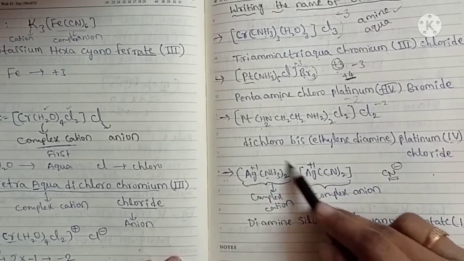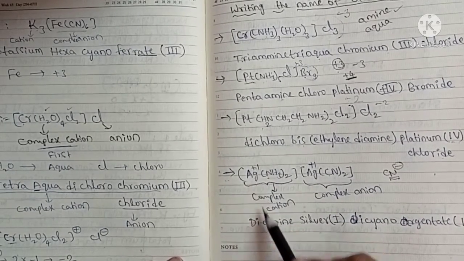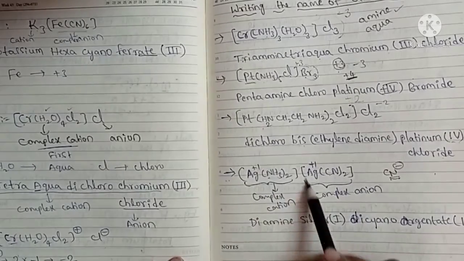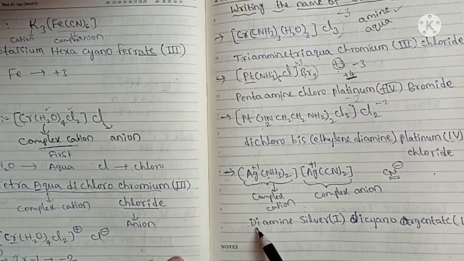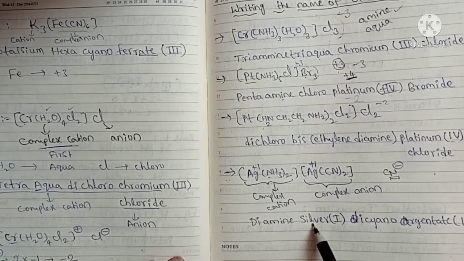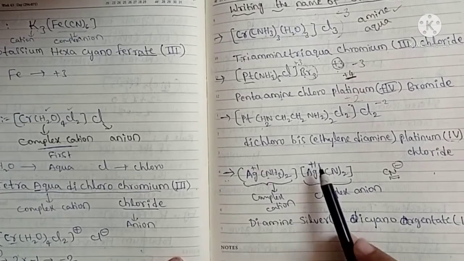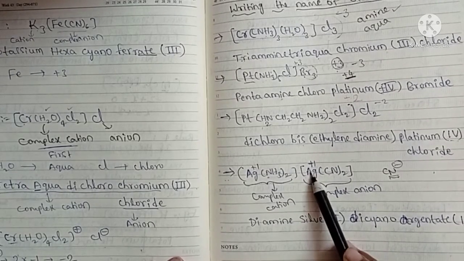It is a complex cation. Here the oxidation number of silver is +1. How do we name the cation part first? The ligand is ammine, diammine, silver, and the silver oxidation number is +1. And next, in the anion part, dicyano, silver.